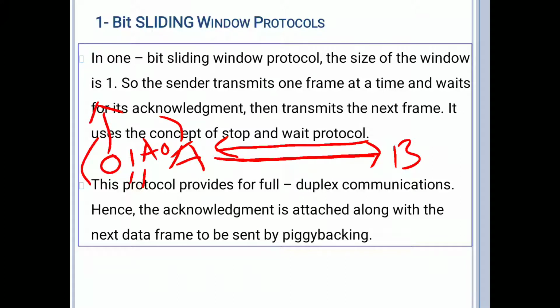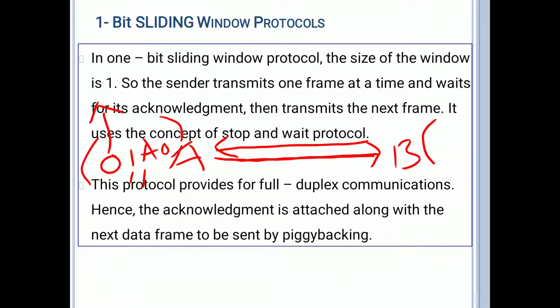First one is the sequence number, second one is the acknowledgement sequence number, and the third one is the data which is sent by A to B. Now A sends A naught to B, whose sequence number is 0, and it is requesting for 1. So now B starts sending the data.